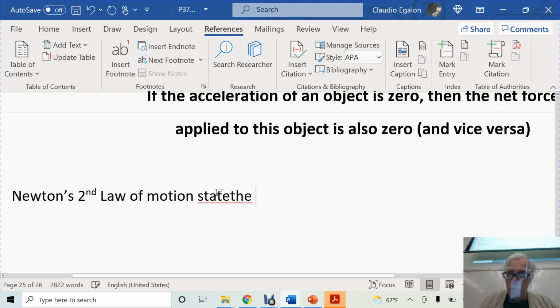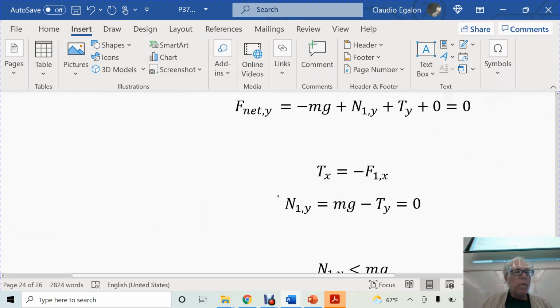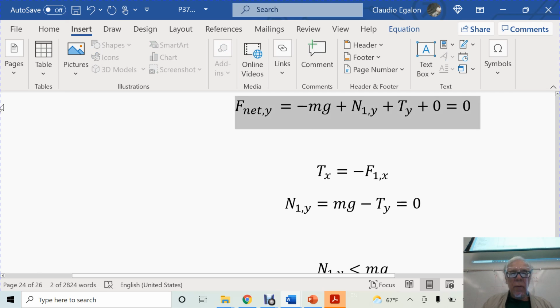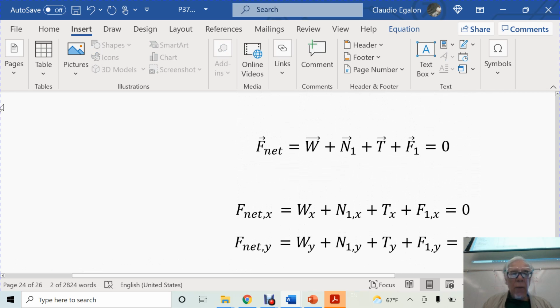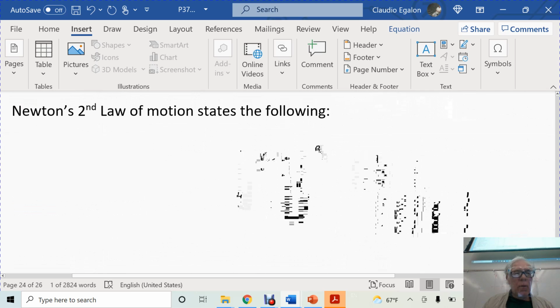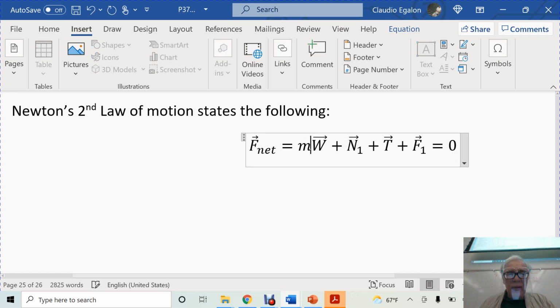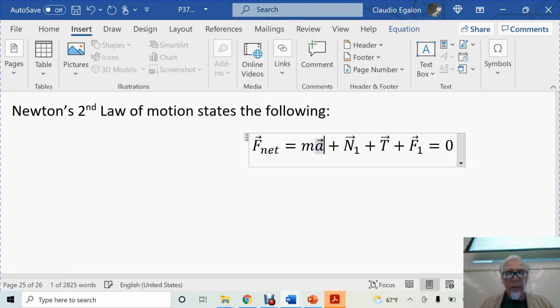I'm going to copy and paste it here. States that the net force applied to an object is its mass times its acceleration.